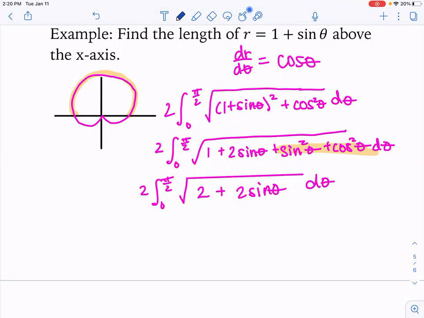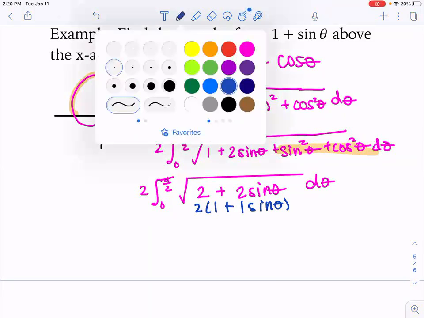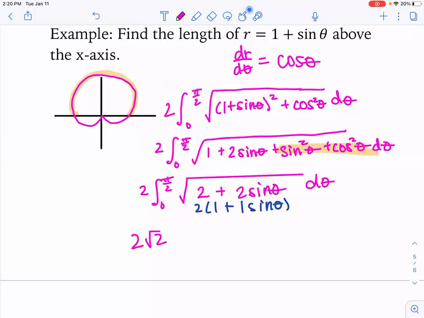Sine squared plus cosine squared is 1, and 1 plus 1 is 2. Are you okay with that? Okay. Now, what I'm going to do is factor out the 2. But that 2 is still under the radical. So we have 2 radical 2 integral 0 to pi over 2.